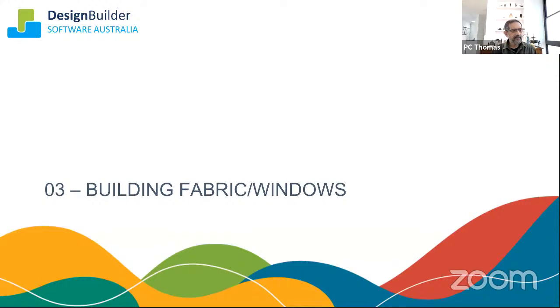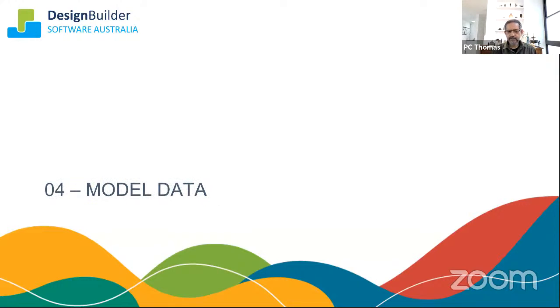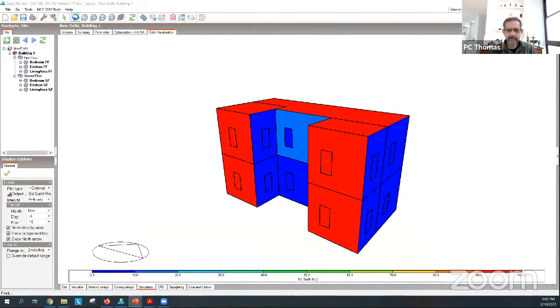And the other one we'll look at is what are the other model inputs that we will need to incorporate so that our simulation actually starts to provide some useful data. So with that introduction, let's proceed.